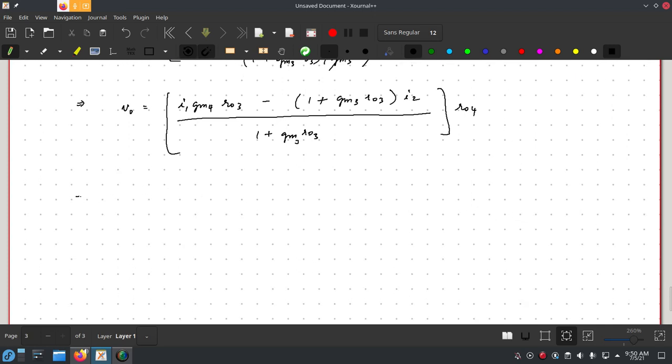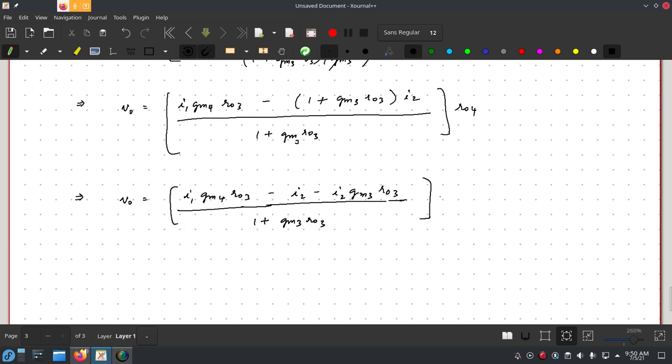And V naught is equal to I1 Gm4 R03 minus I2 minus I2 Gm3 R03, correct? Divided by 1 plus Gm3 R03.